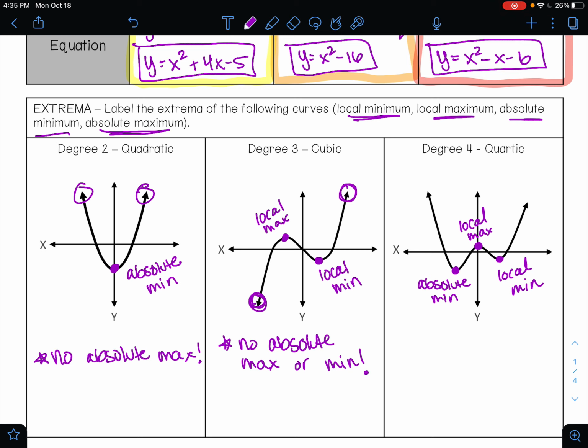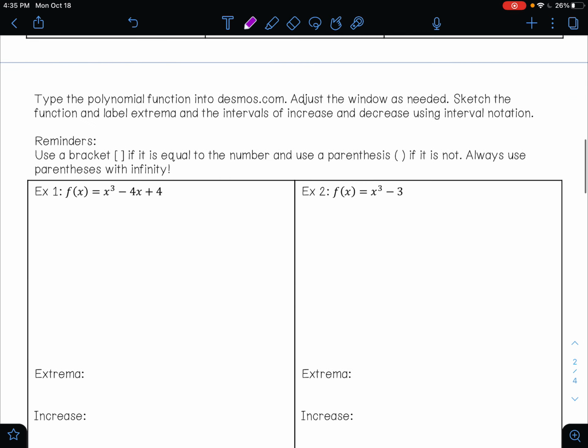It is the smallest point of the graph at this location, but it does get smaller, so it's not absolute. In this problem, we had no absolute maximum. You can have an absolute max, you can have an absolute min, you can have just local max and mins. It all depends on the graph that you're given. So let's look at some of these on the next page.